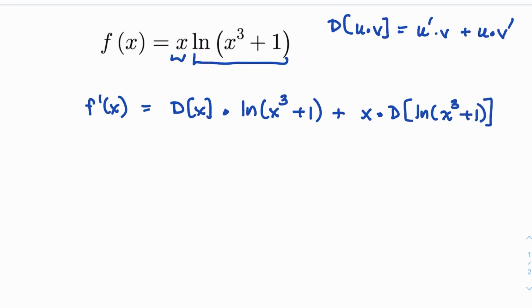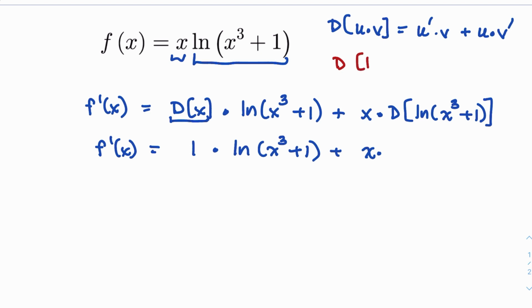Now looking at each derivative, the derivative of x, that's a nice simple one, that's 1. So you have 1 times the natural log of x to the third plus 1, and then we have x times, now the derivative of natural log of something, I'm going to write that up here, the derivative of natural log of u is 1 over u times u prime, or u prime over u, as we have used a couple times.